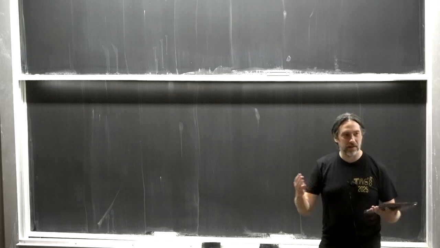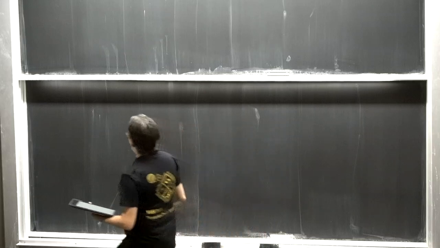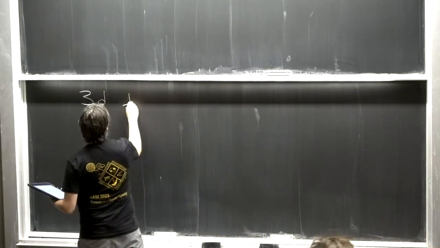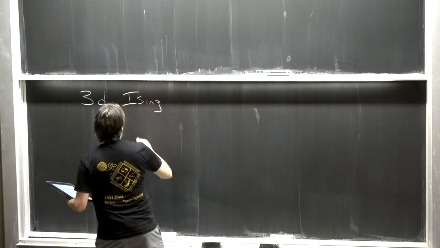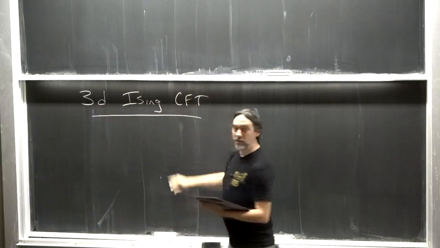This approach has led to a number of really exciting bounds and results for interesting theories. At the very end of last time, I started talking about one of those, which is the 3D Ising CFT. So I just wanted to start off by saying a little bit more about this theory and why it's important and what we know about it.